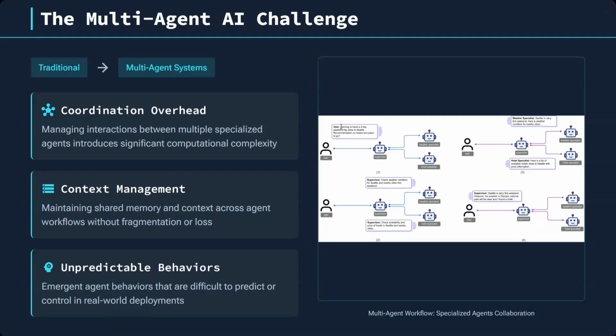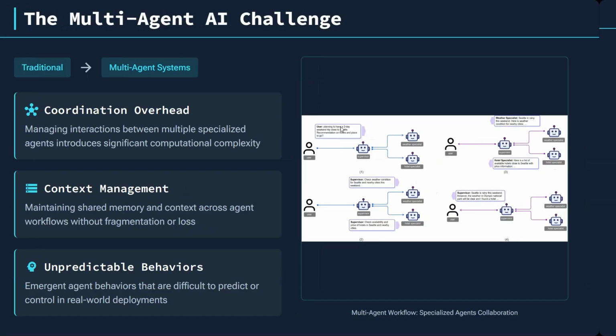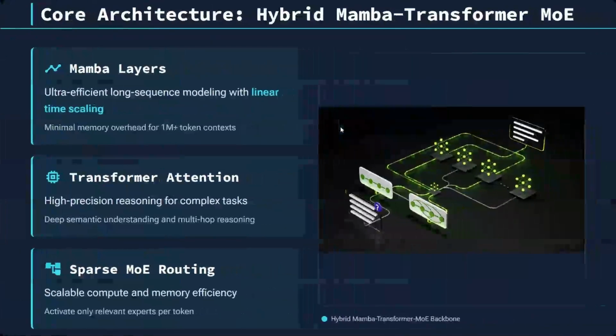Now let's understand the backbone and how Nemotron 3 integrates these three components. The Mamba layer for ultra efficient sequence modeling over huge context, the transformer attention layer for precise, fine grained reasoning, and the mixture of experts layer to scale capacity without paying for every expert on every token.